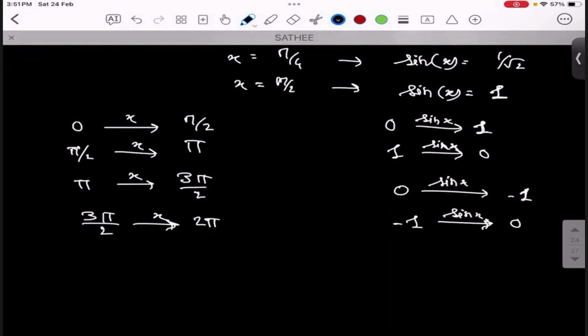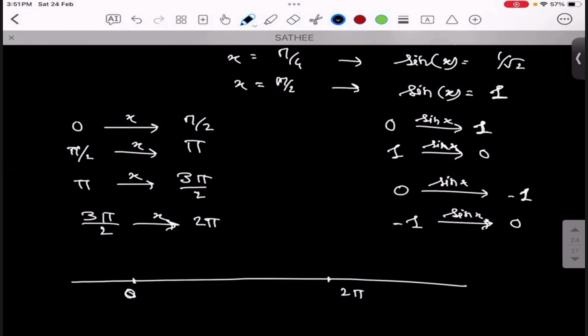Now if I draw it here, we are just bothered about 0 to 2 pi. Why? Because after this, all the values will be repeated. Whatever we get in this portion, we can repeat up to infinite times to get the answer for other portions.